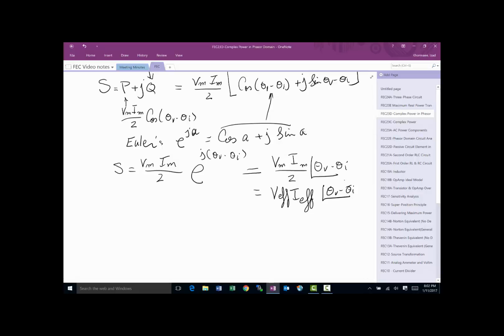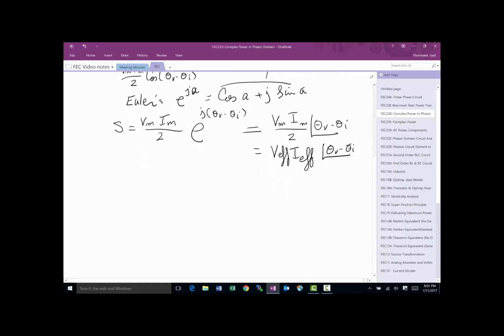There are many different ways of dealing with that. We could also, for example, break this open into V effective e to the j theta v, multiplied by I effective e to the minus j theta i.